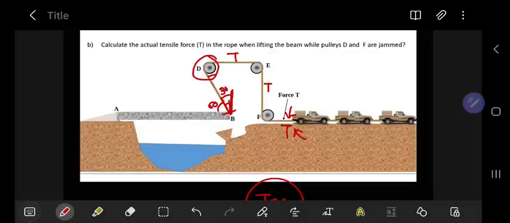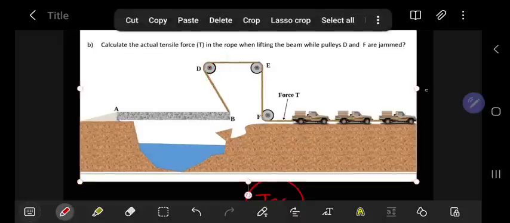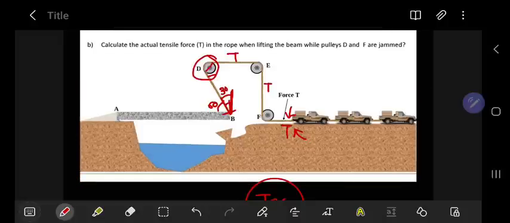Then I'll subtract 30 from 180 to get the angle we are looking for, which is the angle of belt surface contact, the angle from here all the way up to here. When we subtract 30 from 180, we get beta as 150 degrees.